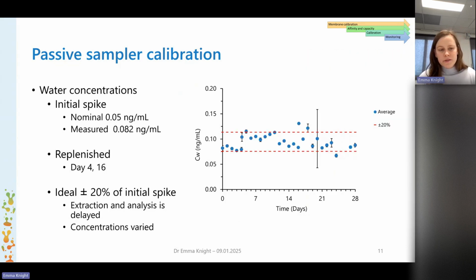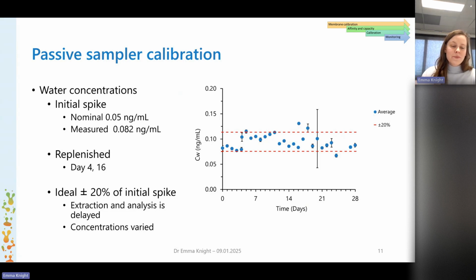So our water concentrations, ideally, we wanted to keep fairly constant throughout this experiment. Our initial spike was around 80 nanograms per liter. And in the figure, what we see is an average concentration in the water of all analytes that was measured, plus or minus 20% of that value. And as you can see, we couldn't keep it exactly within plus or minus 20%.